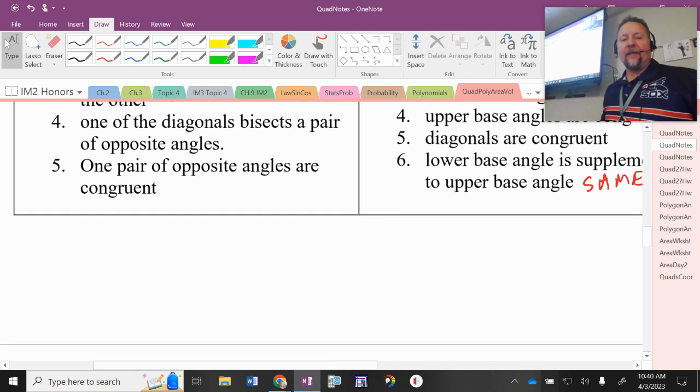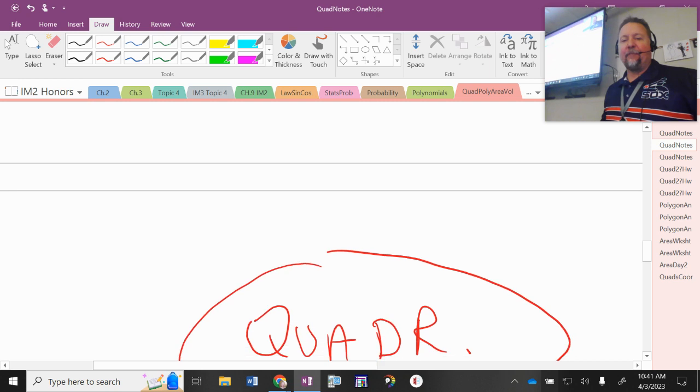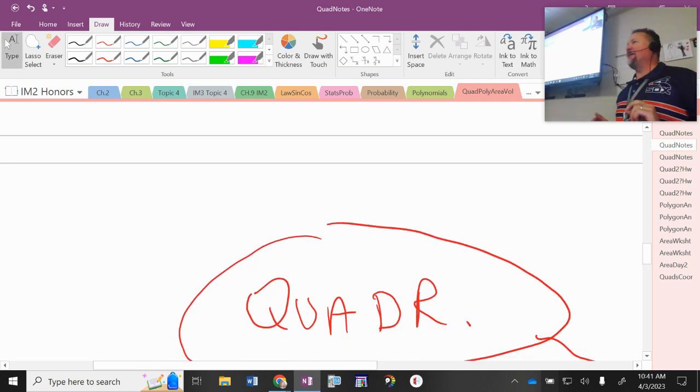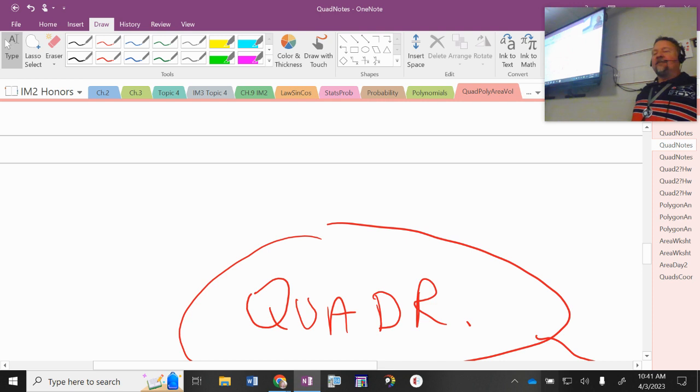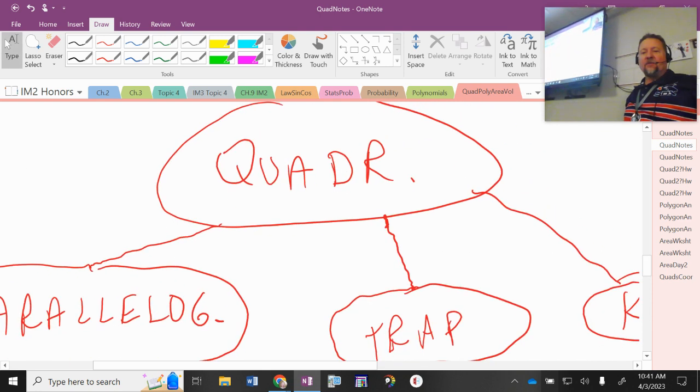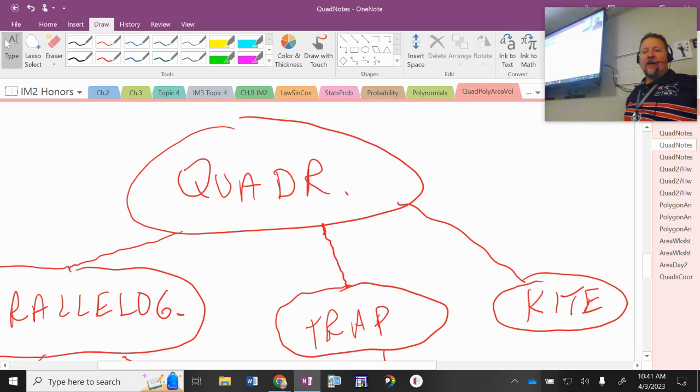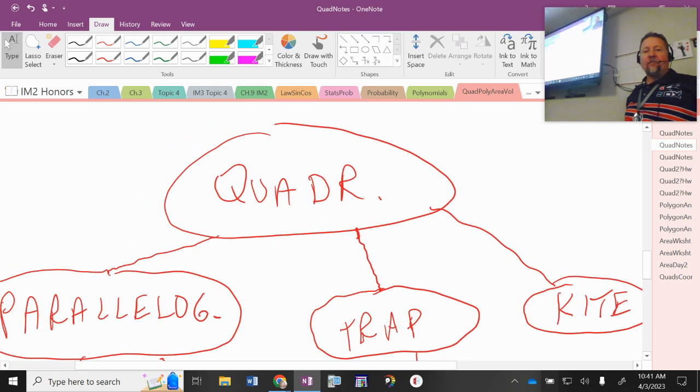Now, right at the bottom of this, do your little family tree of quadrilaterals. So at the top, right in that open space on your note sheet, what's your family tree of quadrilaterals? Well, I just said we have a set of parallelograms, and then we have things that are not a parallelogram. So we have parallelograms, trapezoids, and a kite is not a trapezoid.